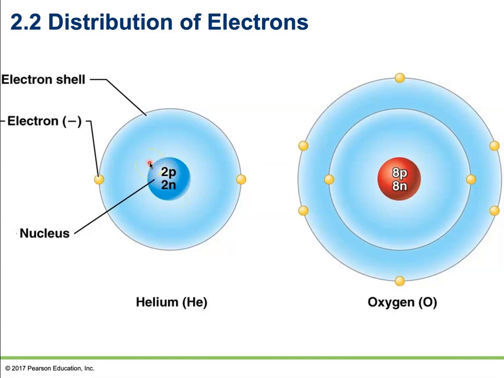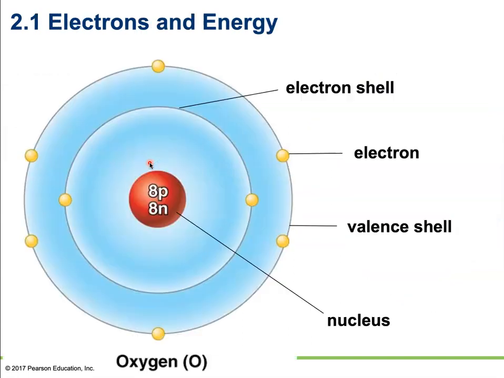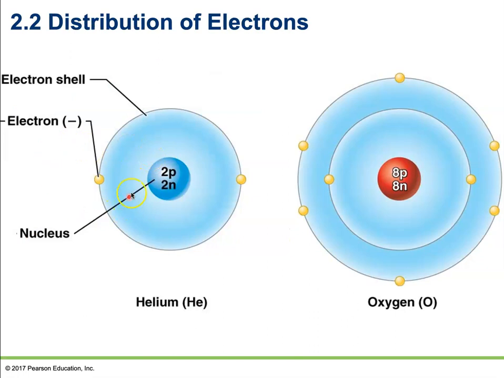And is this helium atom satisfied? Is he stable? Remember, you're going to have to go back a couple of slides to when we talked about valence electrons. Determine how many electrons we need in our outermost shell to be stable and happy. And then come and tell me if this helium atom here is happy. Is he stable? So what about this oxygen atom?